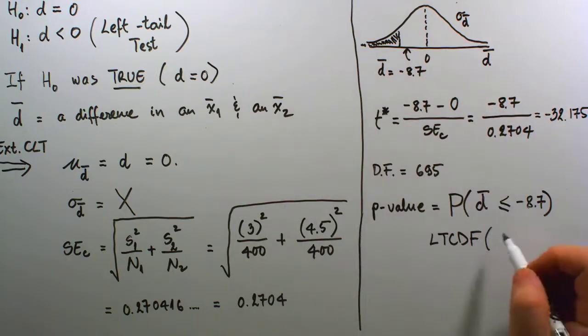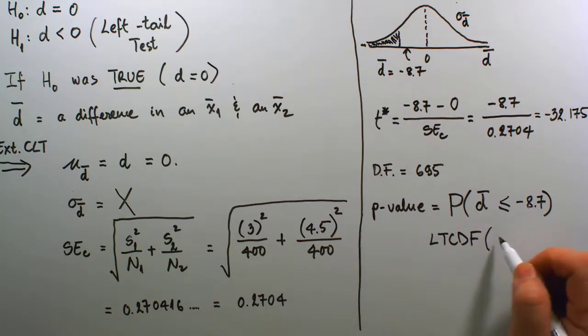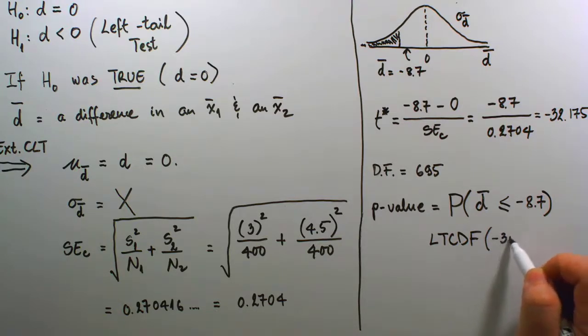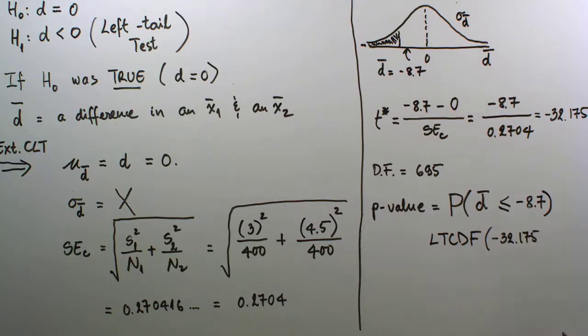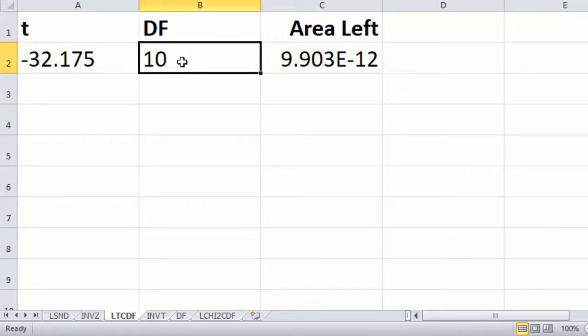If anybody else is using any other technology instead of my LTCDF program, likely it will ask for the T star value first. We are going to give it negative 32.175. And the next thing the program will ask for is the degrees of freedom. So I am going to provide 695 here. And so again, on my LTCDF program on the computer screen, I am going to enter 695.